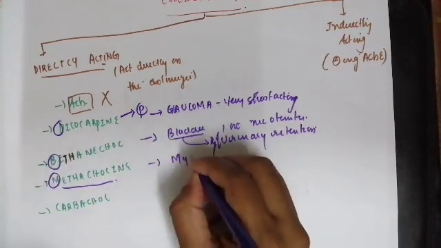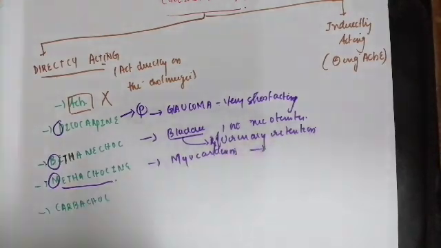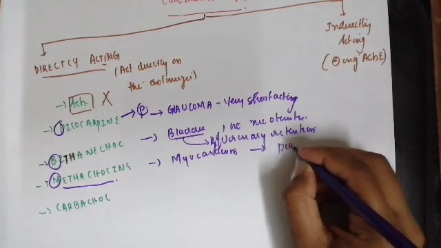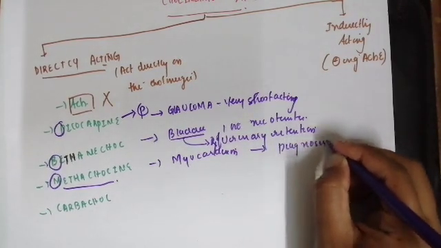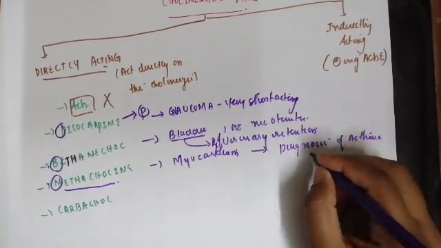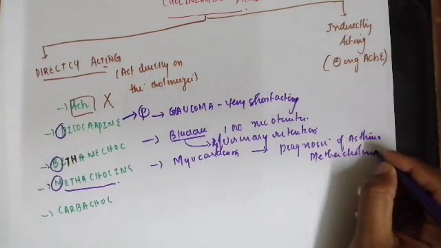So M for myocardium. So what is its use? It is used inhalationally for the diagnosis of bronchial hyperreactivity in patients who do not have clinically apparent asthma. So it is used for the diagnosis of asthma. That test is known as the methacholine challenge test.